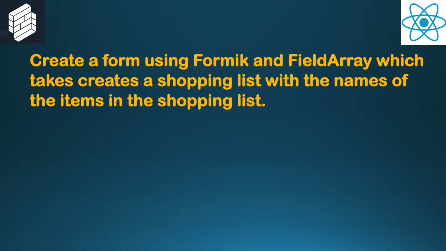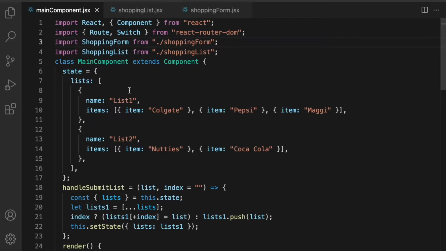So let's create a form using Formik and FieldArray which creates a shopping list with the names of the items in the shopping list. We're creating a shopping list and you want to put a lot of items in it. So how would we do that? Here in our main component, we have given two sample examples, say name list1.